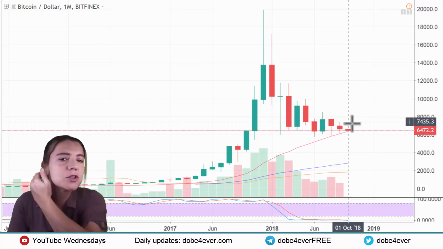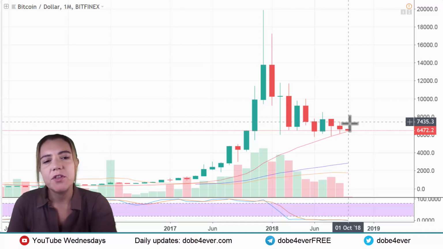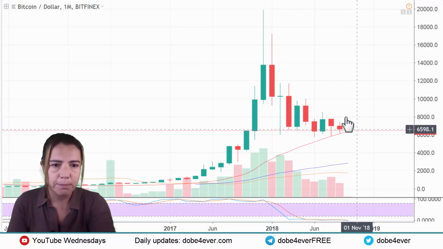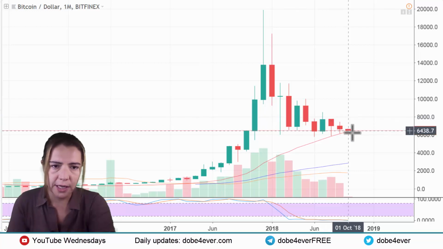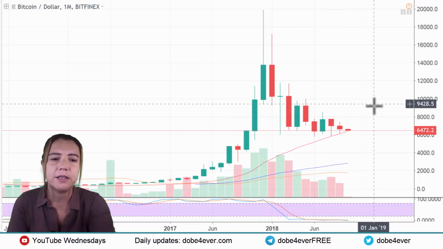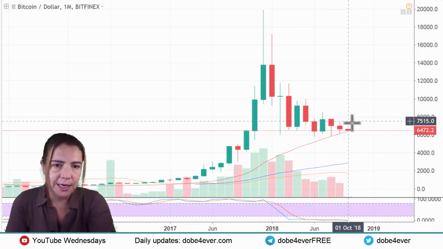If the price trades above the previous monthly candle, which is right now at $7,435, then that would be a long entry on this time frame. So it would signal that we will probably have a little bit of an uptrend here, bouncing on the 20-month moving average. Of course, nothing is guaranteed.